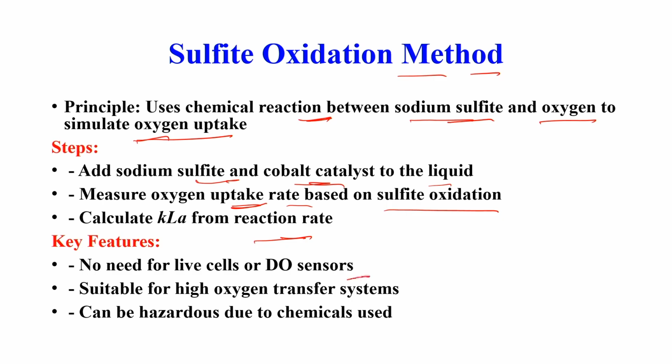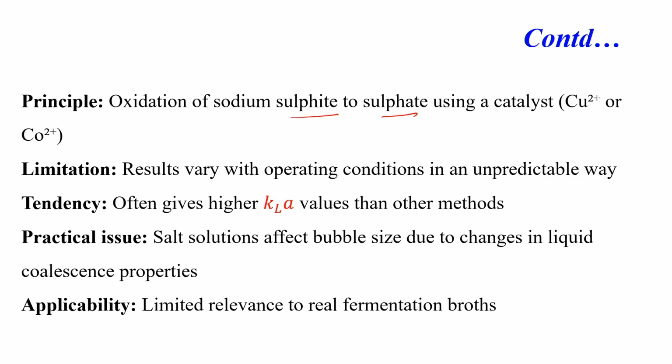Here we do not require any live cells or the DO sensor, and this is suitable for high oxygen transfer systems, and as we are using chemicals, one needs to be careful while handling the chemicals. The principle is very simple.